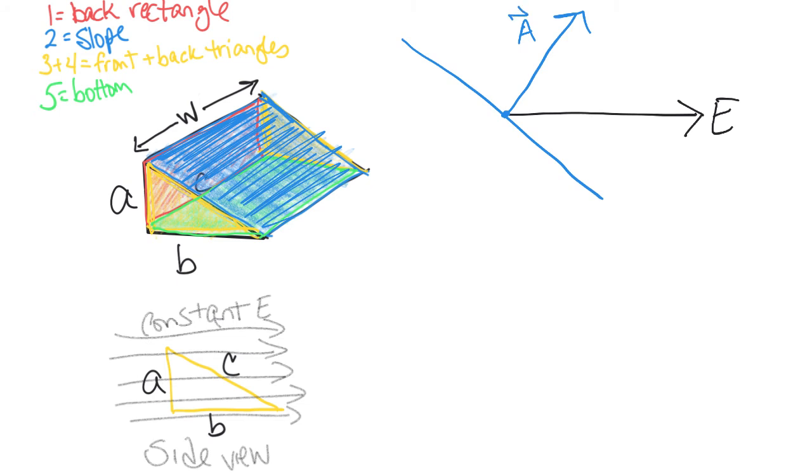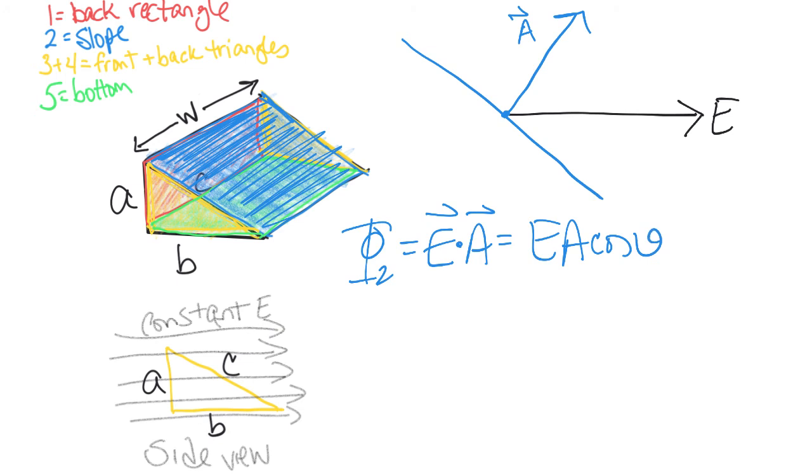So when we write phi 2 is E dot A, we're doing EA cosine theta, where that is the theta. We've got to do a little bit of fun geometry. Let me get another color so I can sketch out some things. This triangle looks like this. This was A, this was B, that was C.